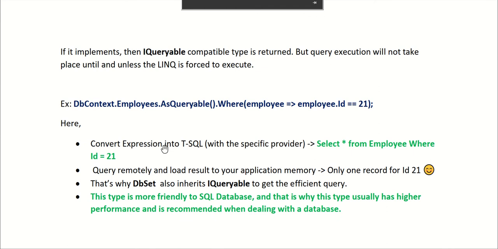I hope the concept is very clear now. I hope you will apply this particular technique whenever you write any repositories or APIs for your application. It's a compulsion. Always make use of AsQueryable. It has a lot of advantages over the other two implementations, and it is meant for dealing with databases.